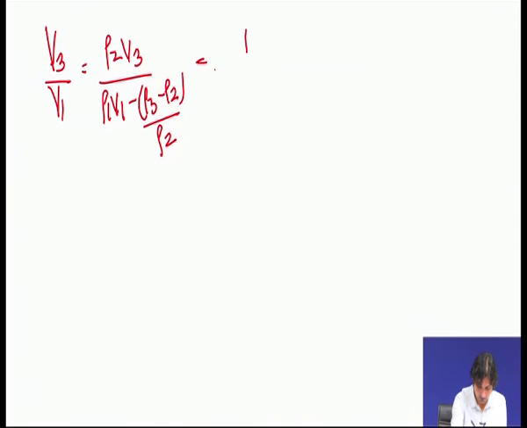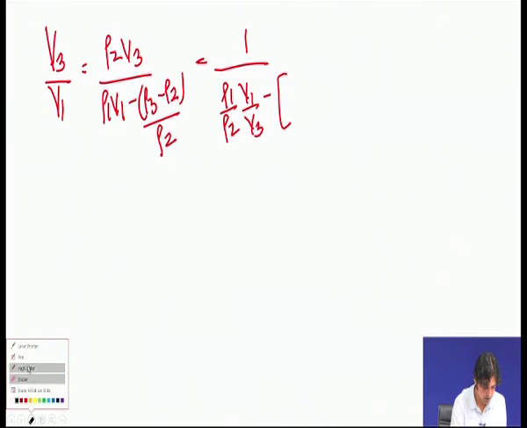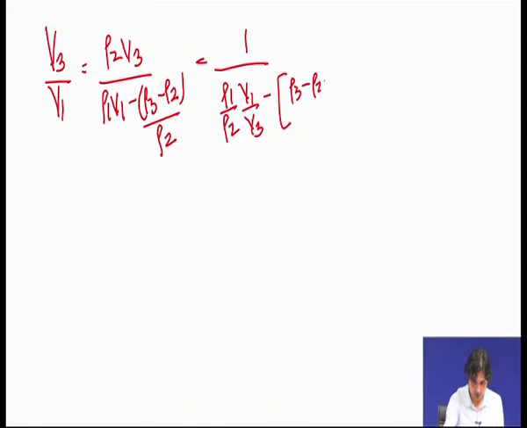Or 1 by rho 1 by rho 2 V1 by V3 minus rho 3 minus rho 2 divided by rho 2.